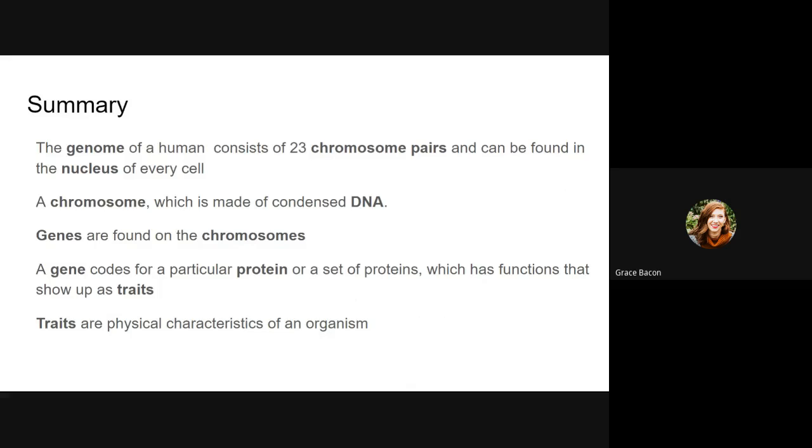A chromosome is made of condensed DNA. The genes are found on the chromosomes, and the genes code for a particular protein or a set of proteins, which has functions that appear as traits. And then traits are physical characteristics of the organism. So that's a summary of all of the pieces we just talked about.